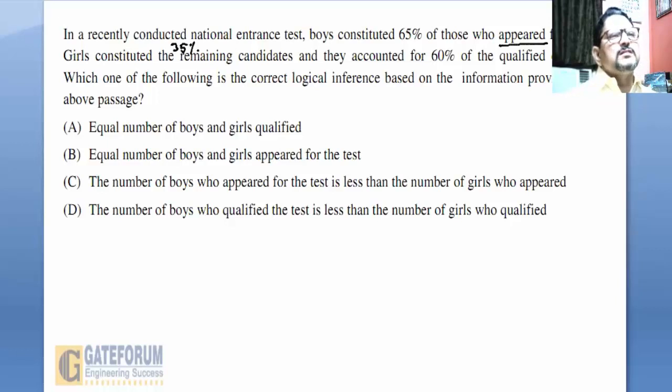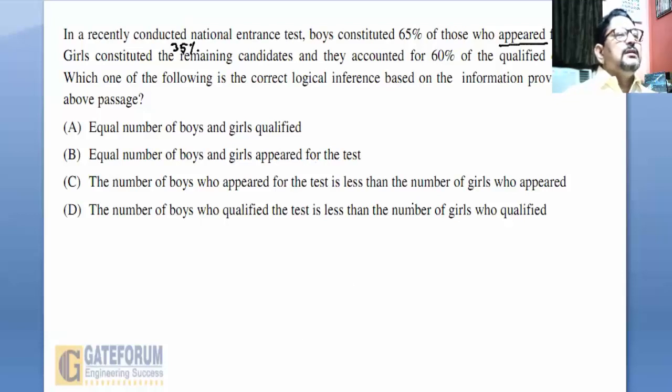Absolutely wrong, because 60% of the qualified candidates were girls, and hence 40% of the qualified candidates were boys. Okay, so my English usage was wrong earlier. So boys and girls can never be equal. So this is not correct. Equal number of boys and girls appeared for the test.